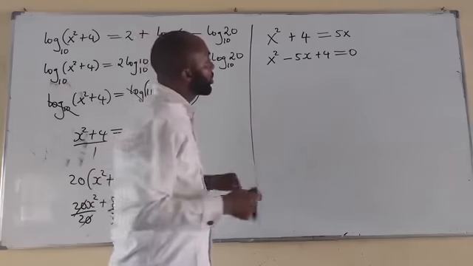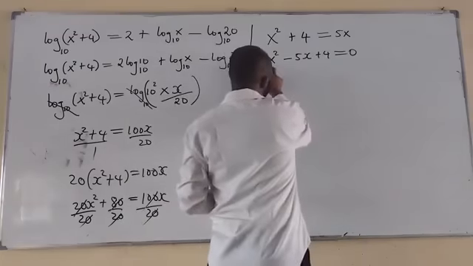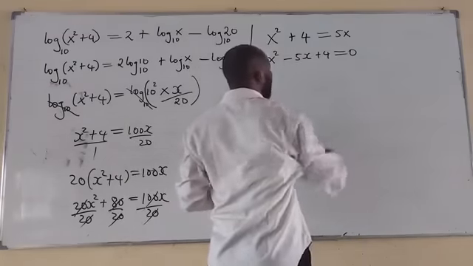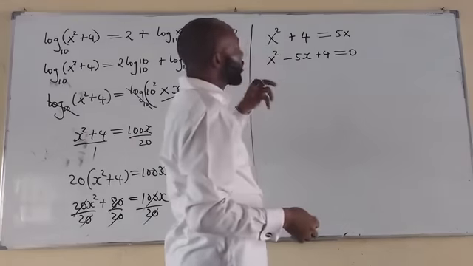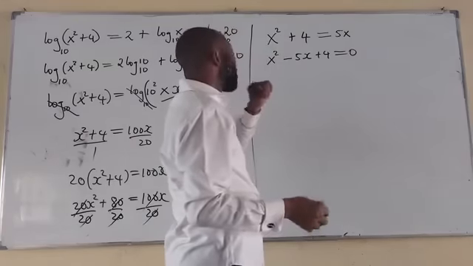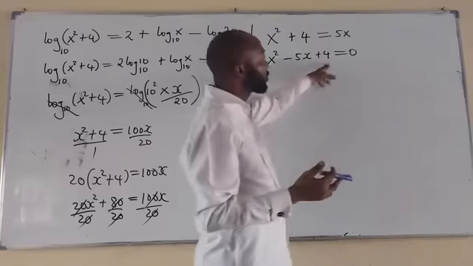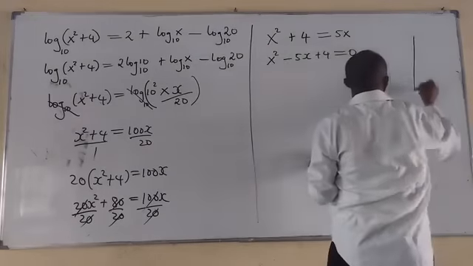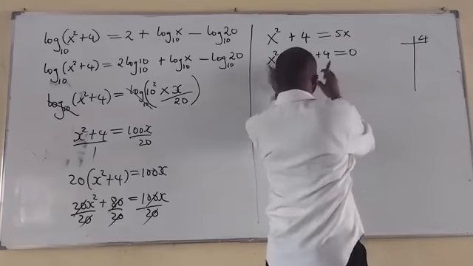So first of all, we're going to multiply the first variable with the last, which gives us 4. So we are going to look for two numbers. When we add them, we have minus 5. When we multiply them, we have plus 4.